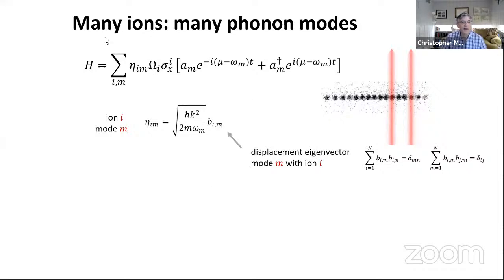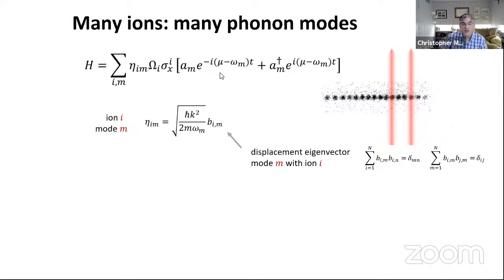Our basic light-matter Hamiltonian was an interaction between a classical laser field and a collection of ions, and we're summing over all the ions i, and we're also driving motional modes, so we sum over all the modes m. These are coupled modes. They have resolved frequencies omega_m with their creation and annihilation operators.